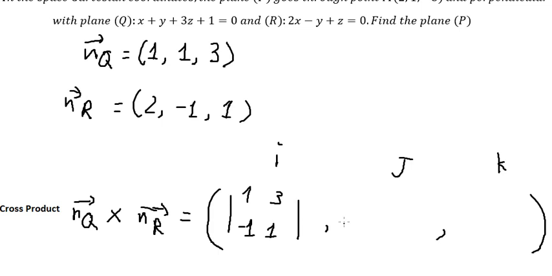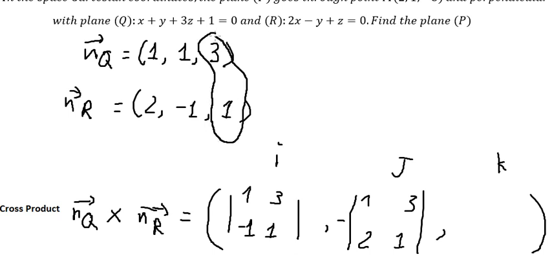Now I need to put the negative sign in here, because when we use the matrix, the signs are positive, negative, positive. That's why I need to put the negative sign next to this matrix. So we have 1, 3, 2, 1. This one is positive, so this is K in here, z in here. So we have 1, 1, 2, and -1.